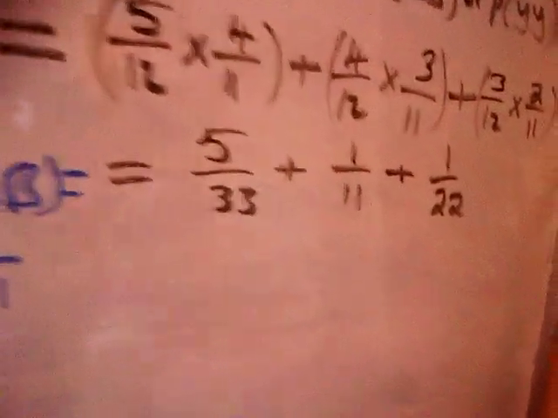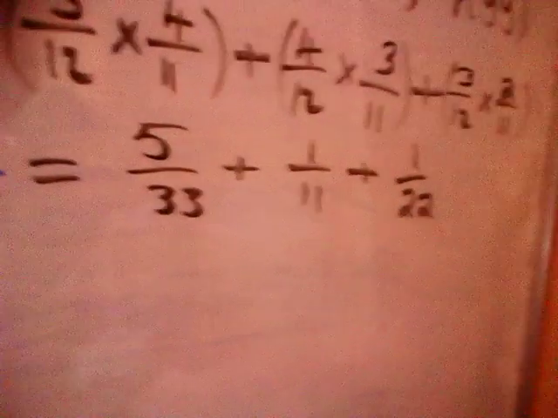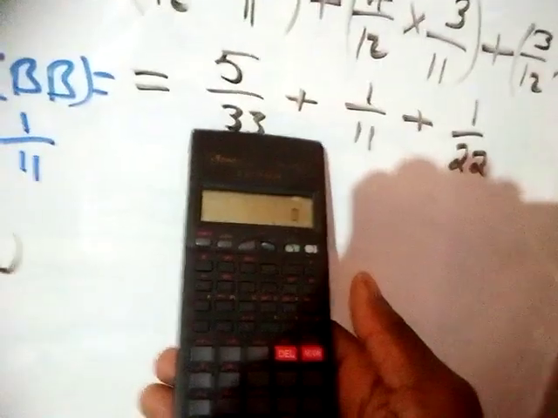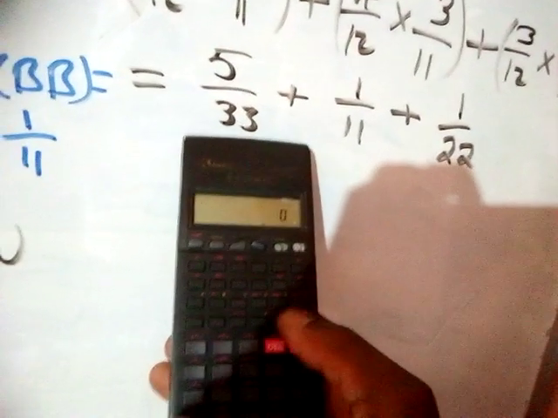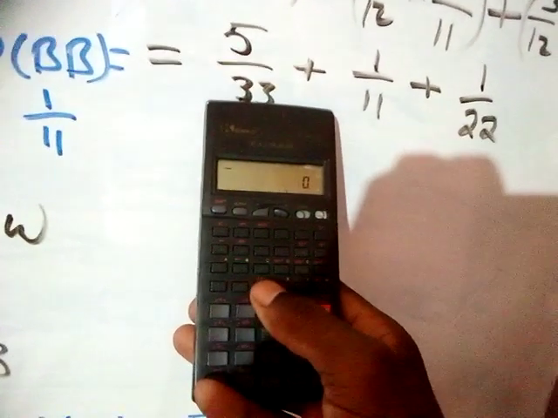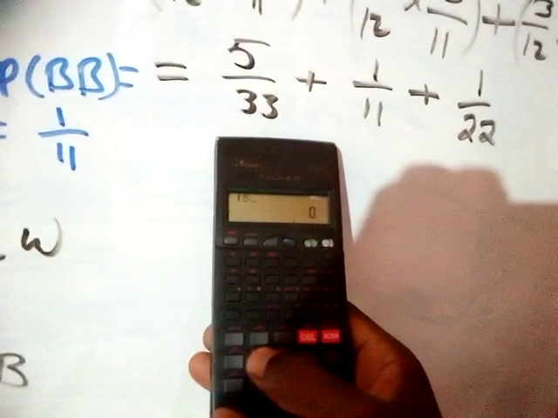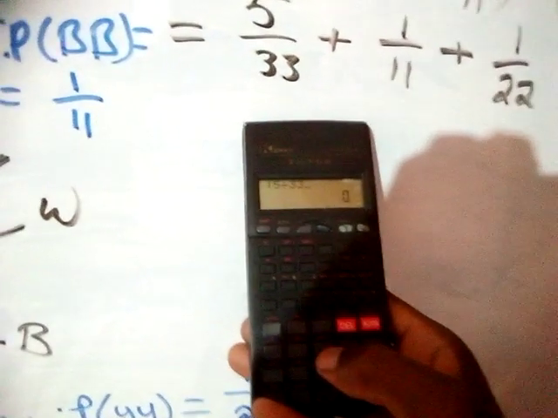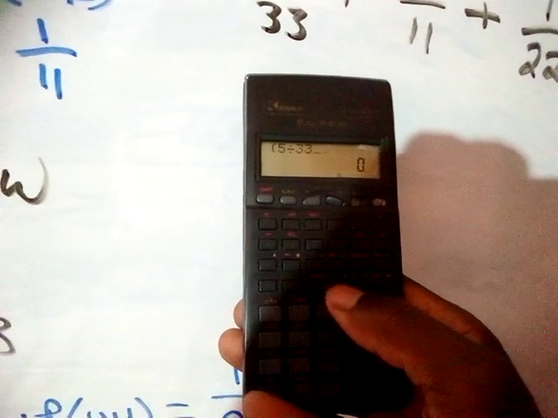Now I want to show you on the calculator how to express these 3 fractions as a single fraction. Please observe. The first fraction that we have is 5 over 33. So you open the parentheses, then put 5 divided by 33, then you close the parentheses.